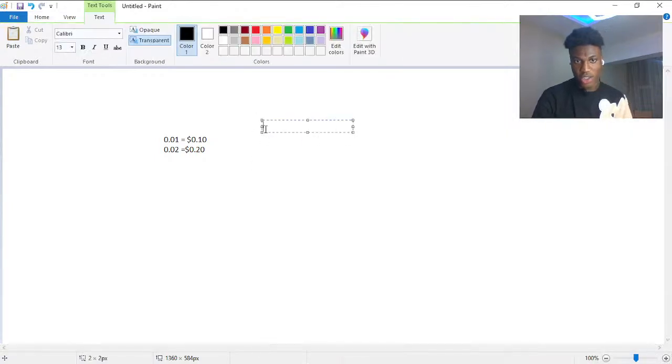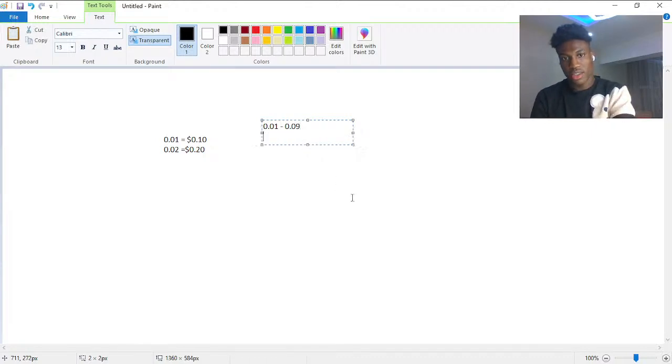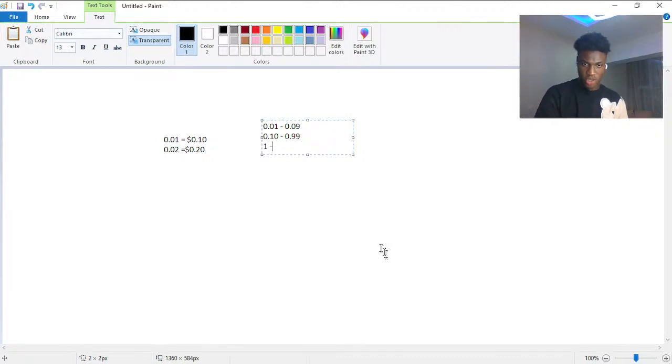Keep in mind that a micro lot size is from 0.01 to 0.09. The mini lot size is from 0.10 to 0.99, and the standard lot size is from 1 upwards, right?